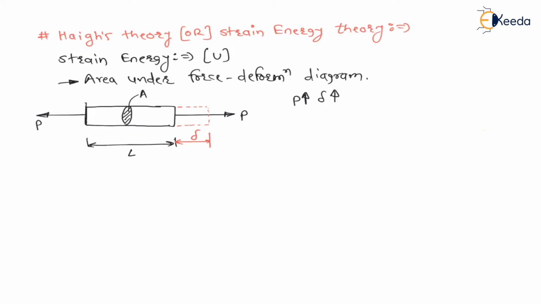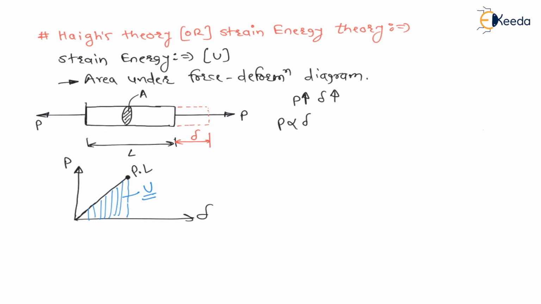If I draw the force versus deformation diagram, as force is increasing, deformation is also increasing. Therefore, the area under this diagram is called strain energy, represented by letter U. Up to the proportionality limit, stress is directly proportional to strain, or force is directly proportional to deformation.